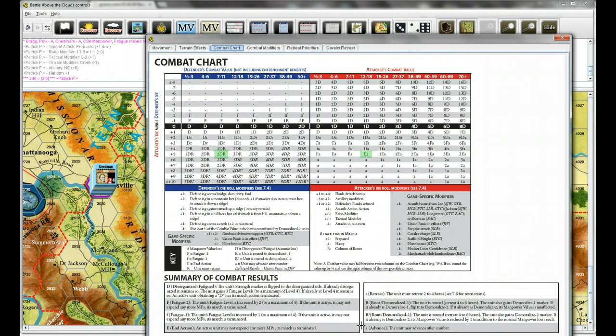When we move over to the defender side, we can see that he's got a 2, which means he's going to lose 2 manpower right off the top. He's got a large D, which is the most prevalent result here for the combat. The big D, as I call it, is disorganized. That means he's going to gain 3 fatigue levels immediately.